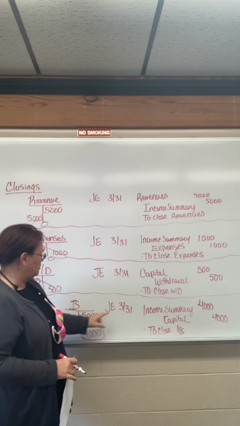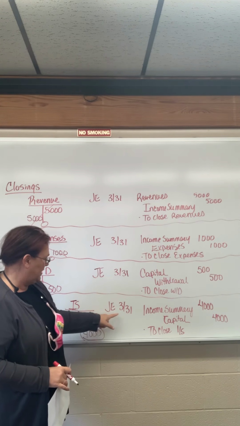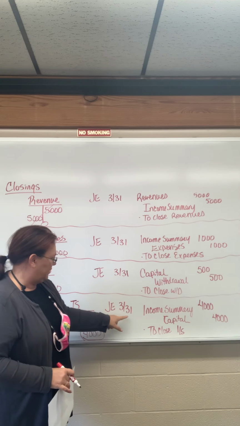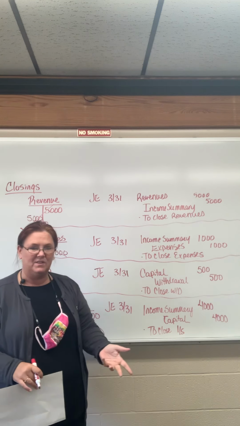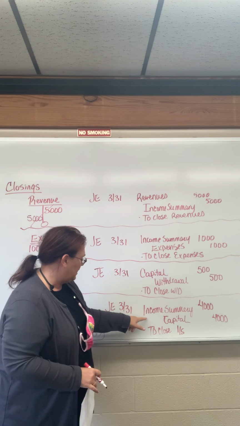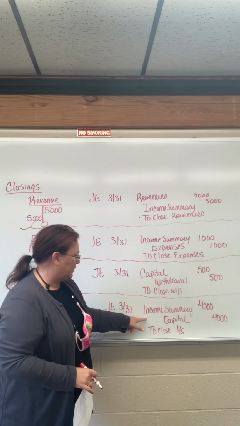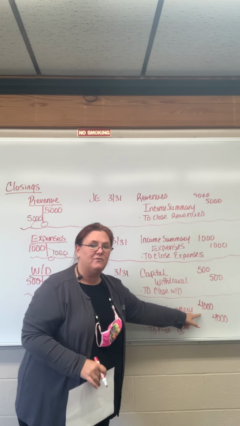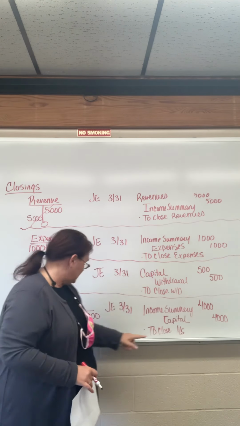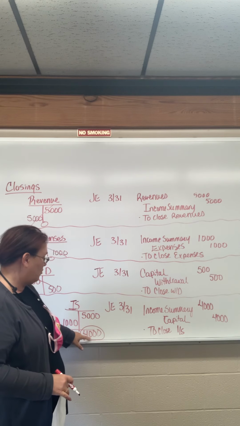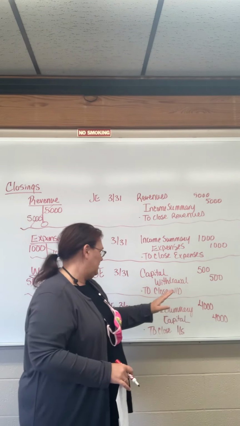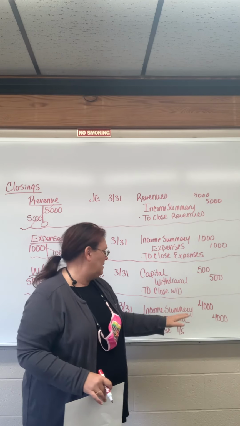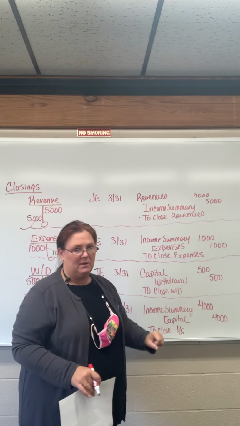So the journal entry would have the date 3/31, because it's always at the end of the month or the end of the accounting cycle. Here it says income summary. Because we have a credit balance of $4,000, we are debiting income summary and crediting the capital account.